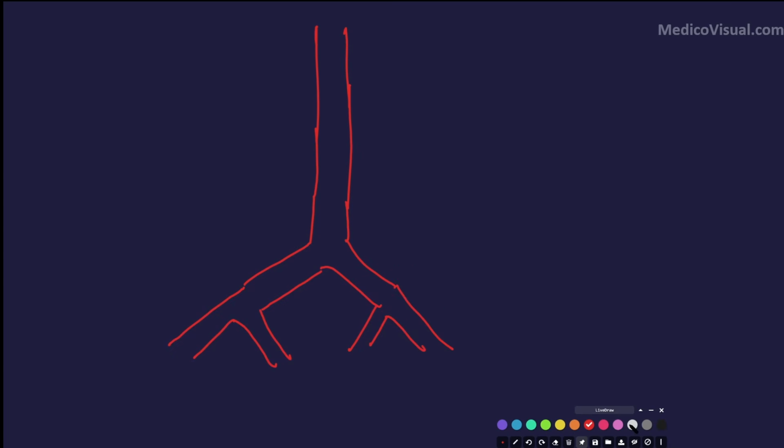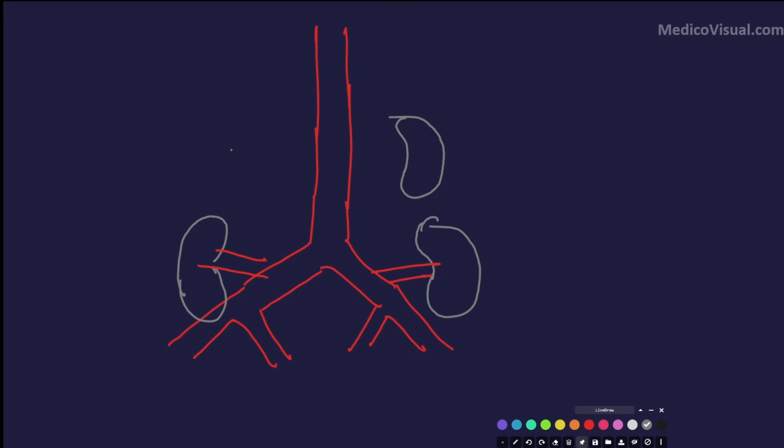As the kidneys initially are in the pelvic region like this, they are getting the blood supply from a branch of the common iliac artery. As they ascend upward, first they come somewhat here, and here they will be getting the blood supply from the lower part of the aorta.